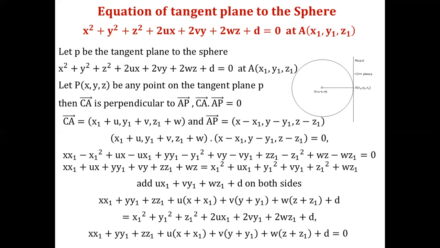Now, x1, y1, z1 is a point on the sphere, so the RHS of the above equation becomes 0. Therefore, the required equation of the tangent plane is xx1 plus yy1 plus zz1 plus u into (x plus x1) plus v into (y plus y1) plus w into (z plus z1) plus d equal to 0. This equation represents the equation of a tangent plane to the sphere.